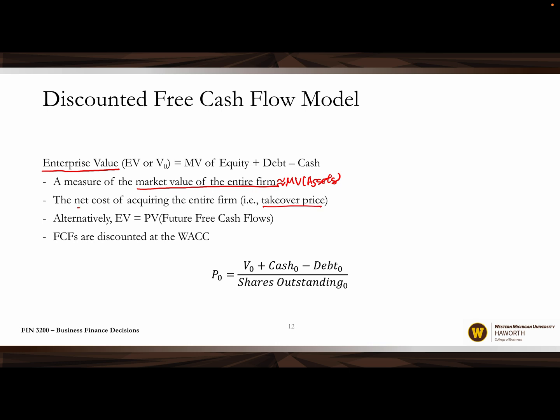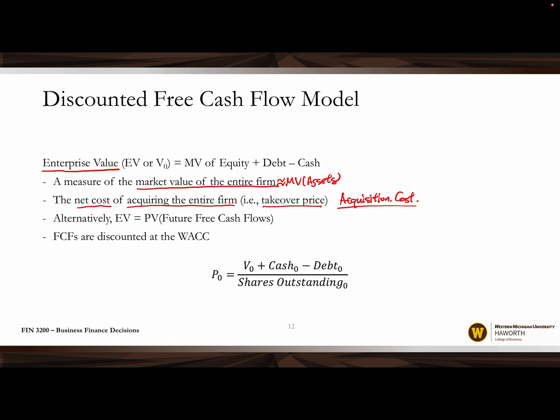It's the net cost of acquiring the entire firm, not just the equity. If someone were to come in and acquire the entire firm, they would have to pay this much. So it's the takeover price or the acquisition cost of the entire firm.